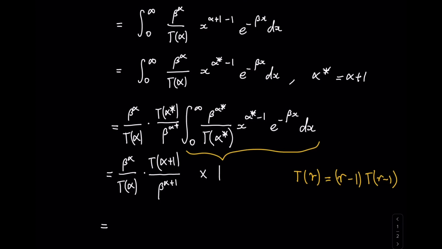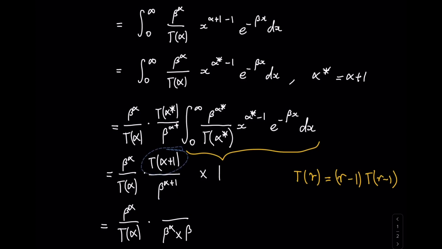So using this iterative function for the gamma function, what we have now is, first I'll rewrite the other expressions, beta to the alpha on gamma of alpha, times, we've still got beta to the alpha times beta here in the denominator.